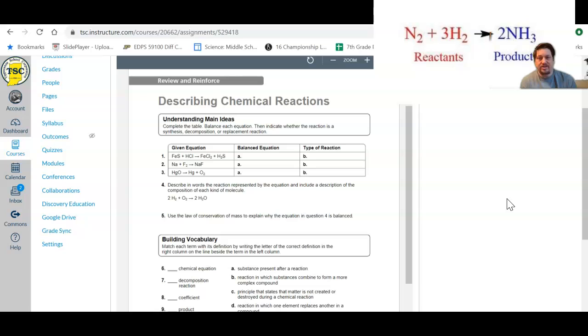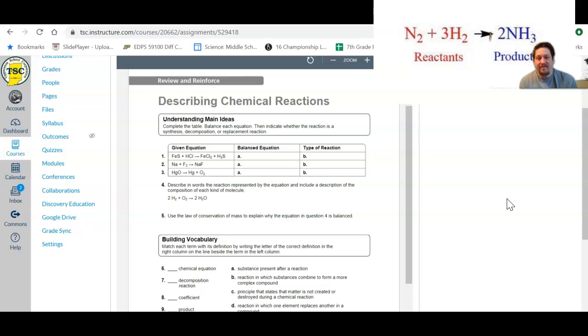Indicate whether the reaction is a synthesis, decomposition, or replacement. So for 1A, is that equation balanced? That means, is what's going in the reactant the same as what's coming out as the product? So for A, we're going to look.